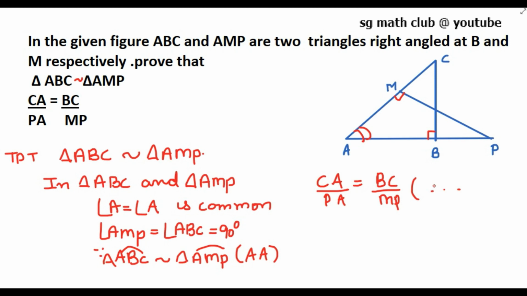So in that way we have proved both. First we have proved triangle ABC is similar to triangle AMP by AA similarity criteria, and directly from here we can write that ratios of corresponding sides of similar triangles are proportional.